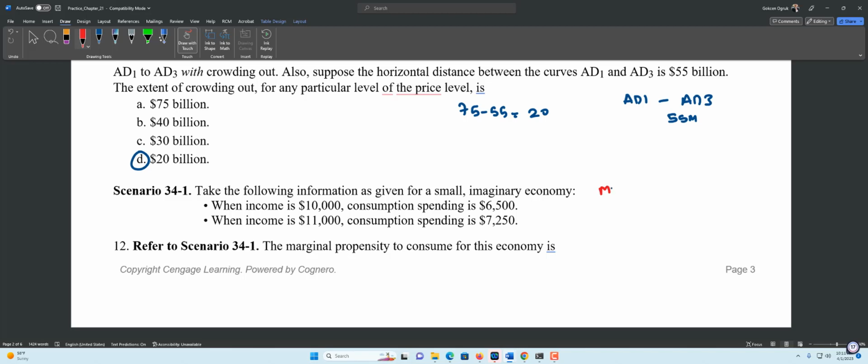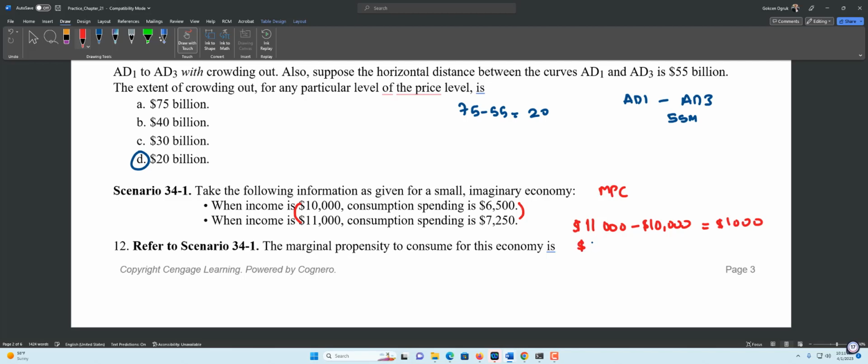Marginal propensity to consume tells us how much my consumption increases if I have additional income, right? So we need to find first what is the increase in my income. My income increases from 10 to 11, so my income increases by 1,000.